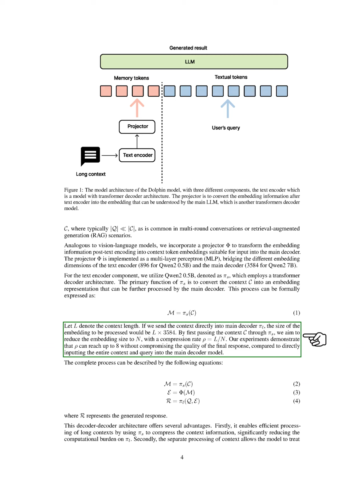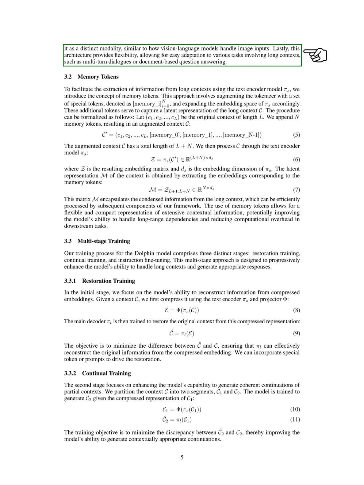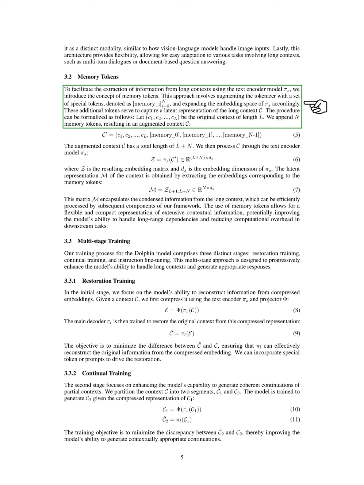By first passing the context through the smaller decoder, we reduce the embedding size, achieving a compression rate that can reach up to 8 without losing response quality. This architecture allows us to efficiently process long contexts, treat them as a distinct modality, and adapt easily to various tasks involving long contexts.